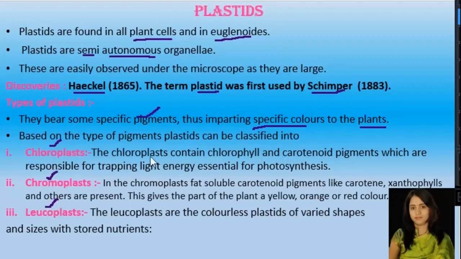Chloroplast is a double membrane bound cell organelle which consists of chlorophyll, which is a photosynthetic pigment. In addition to chlorophyll, other photosynthetic pigments like carotenoids are present, and these chlorophyll and carotenoids are responsible for trapping light energy, which is essential for photosynthesis.